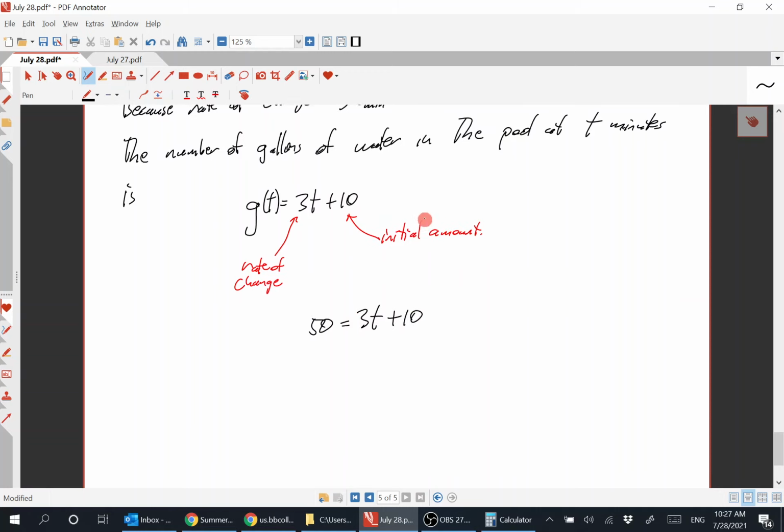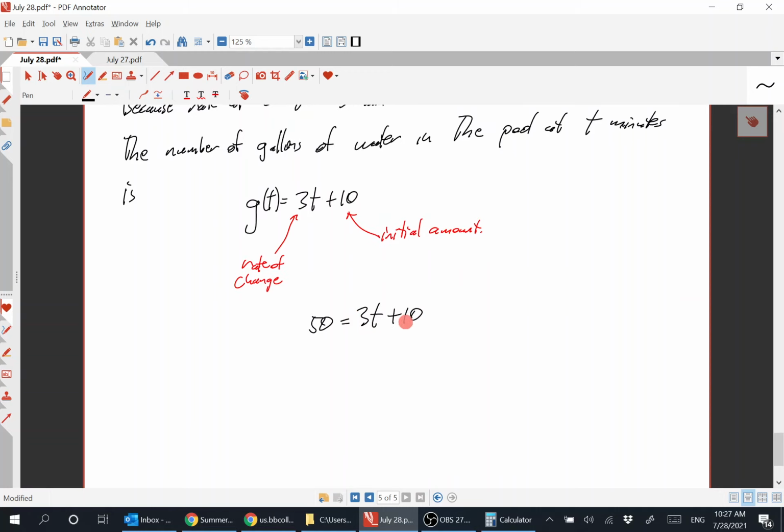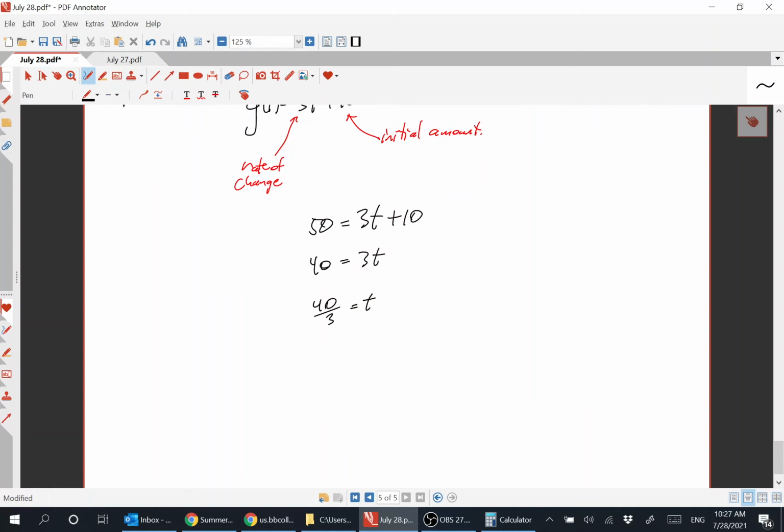How long does it take to go from 10 to 50 gallons? 3t plus 10 needs to equal 50. So 40 is 3t, so 40 over 3 is t. That's 13 and a third minutes.